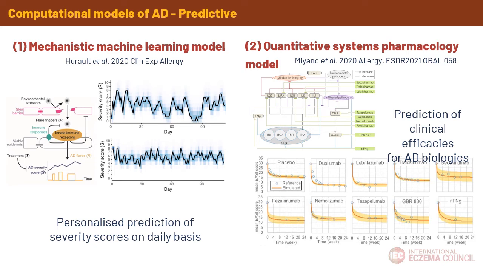Another predictive model was developed by using a quantitative systems pharmacology approach, which is a combination of mechanistic modeling and PK/PD modeling. The model by Miano et al. reproduced reported clinical efficacies for 9 biological drugs by describing systems-level AD pathogenesis and predicted the clinical efficacy of therapies on virtual patients.